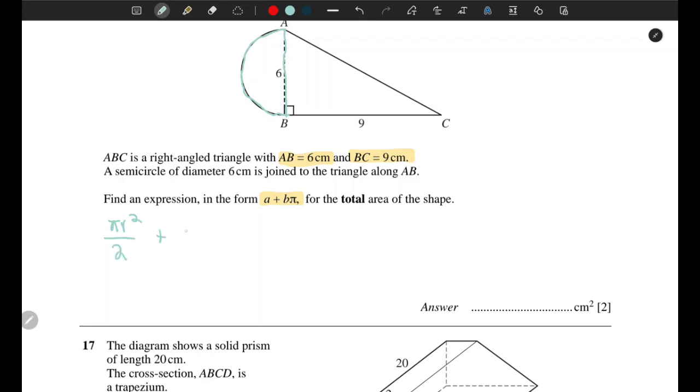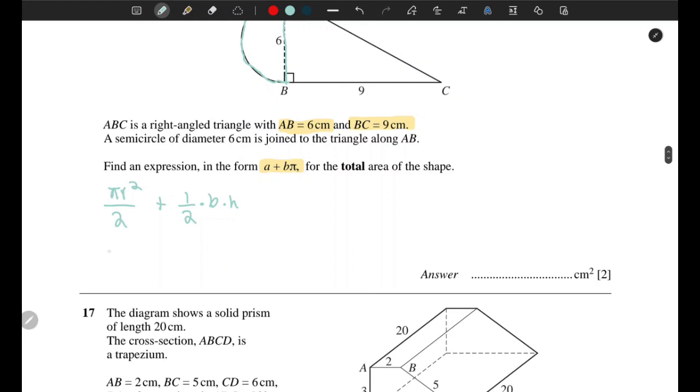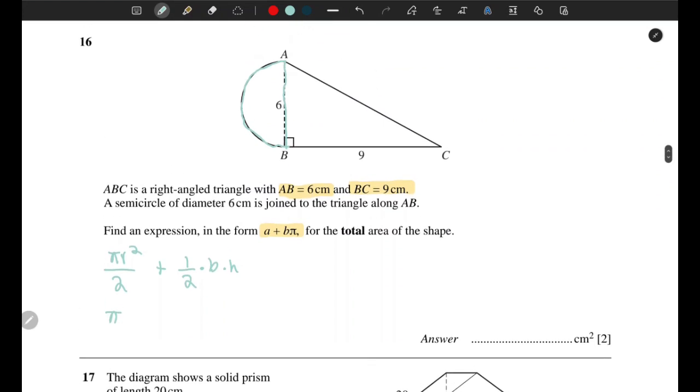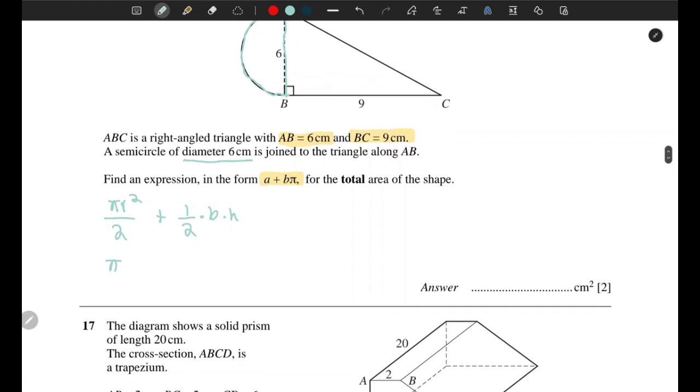राइट एंगल ट्राइंगल का फॉर्मूला होता है half into base into height, ठीक है. So pi as it is रहेगा. We know that r is equal to 3 because जो 6 है, we know that the diameter is 6, so r is going to be equal to 3. So 3 square is 9, 9 pi over 2 plus half into base, which is ये 9 दी हुई है, into 9 into the height, which is 6.